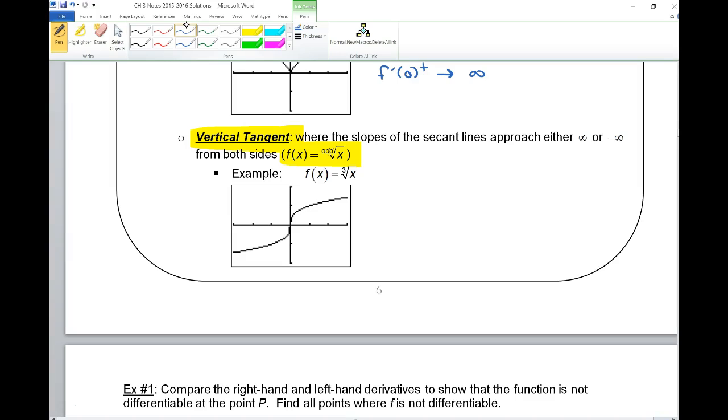Yes, my line has a positive slope. So this one is approaching positive infinity from both sides. In other words, f prime of 0 from the left is approaching positive infinity, and f prime of 0 from the right is also approaching positive infinity. Or let's say there was a negative sign and you have negative infinity on both sides, that's a vertical tangent.